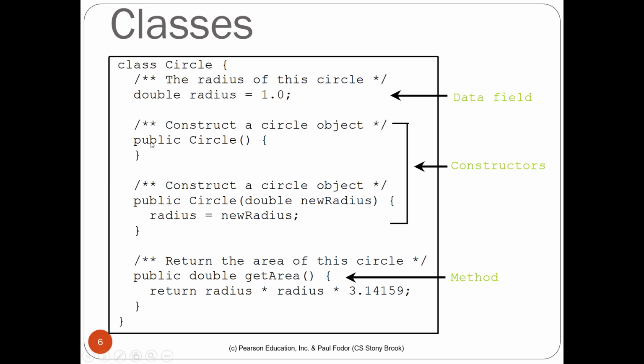So here, despite the fact that we have the same method name, public Circle and public Circle, look at the signature. Signature means the name of the method and the arguments that we have. The first method doesn't have any argument, whereas the second Circle method does have an argument. So these two signatures are different, and because they are different, we are perfectly fine.